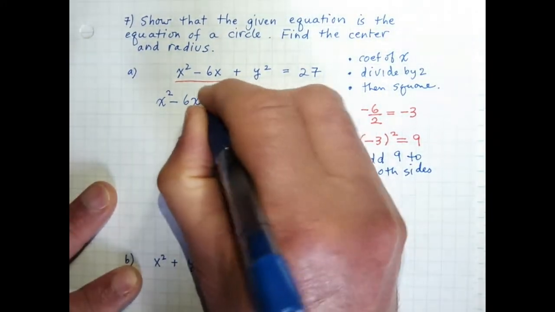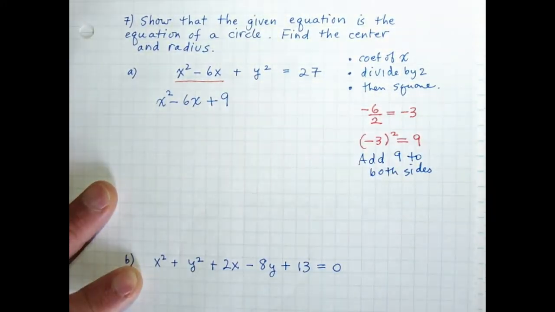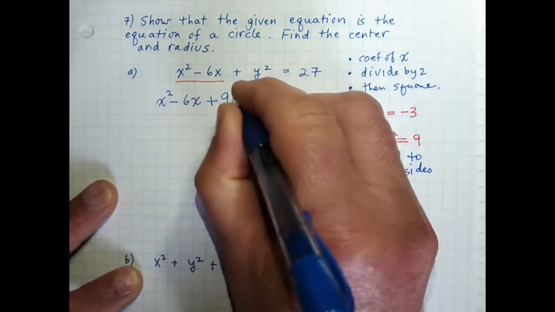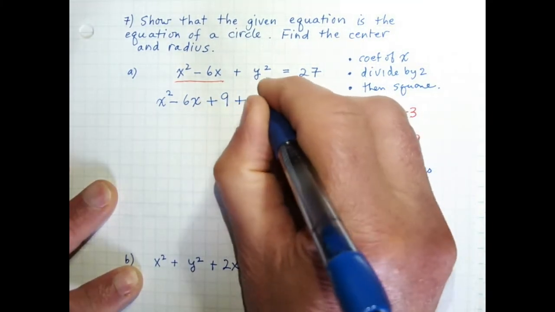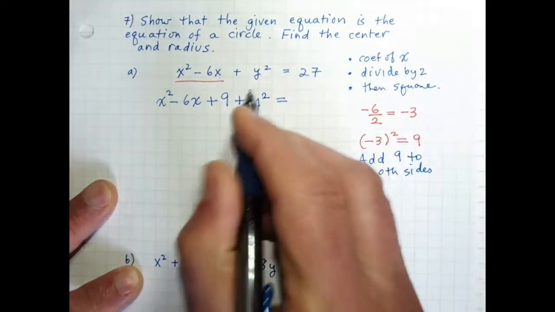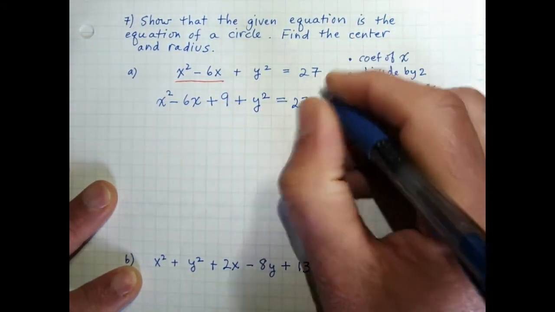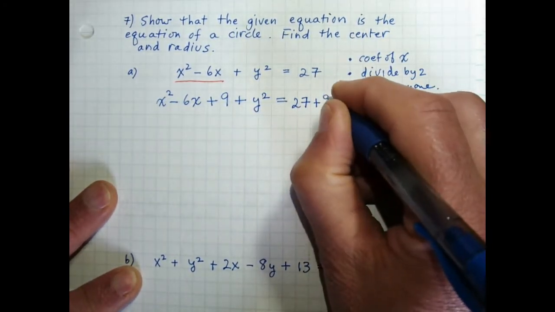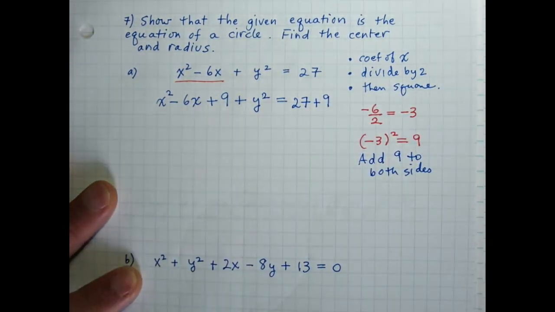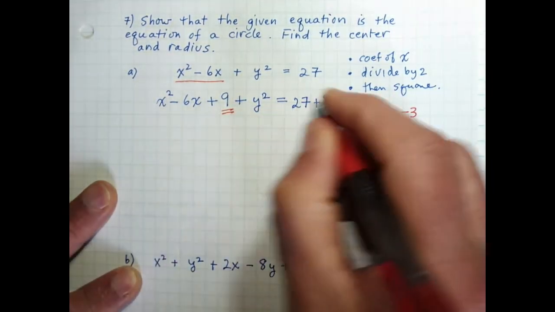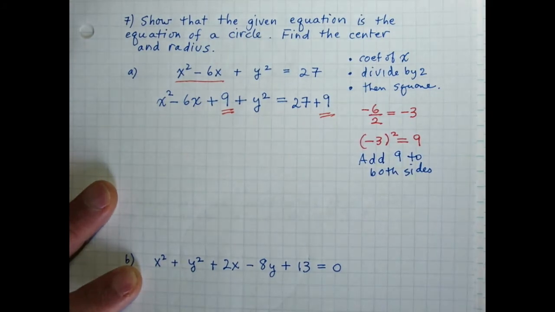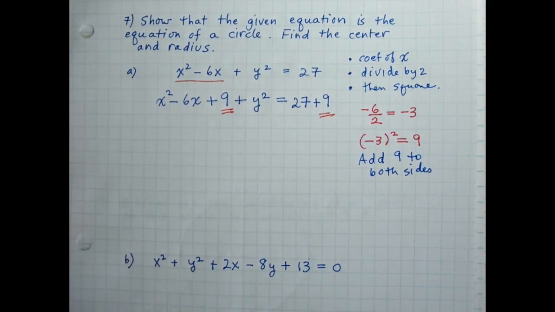So I want to add a 9 right here next to the 6x. I'm going to add it before I write the plus y squared, which is just there from before. The 27 on the right, I have to also add a 9 to. So whatever I do to one side of the equation here, I have to do to the other side. I'm adding 9 to both sides.